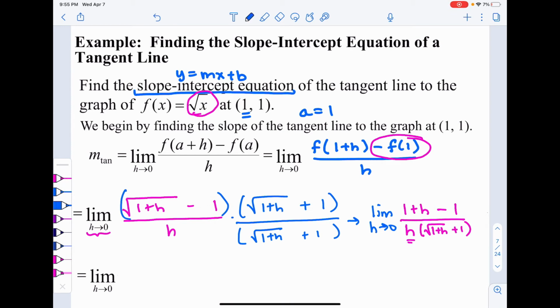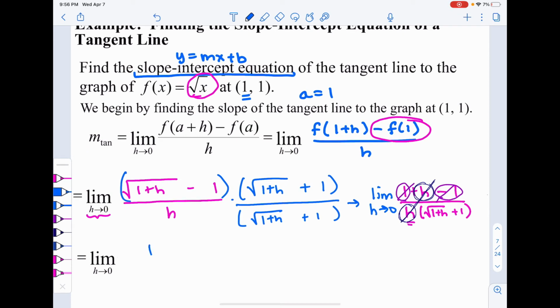Now, if I look at the top, we have a positive 1 and a negative 1, which cancels. And then I also have this h on the top and this h on the bottom, which is going to cancel. So all I'm left with is a 1 divided by that square root of 1 plus h with a plus 1.